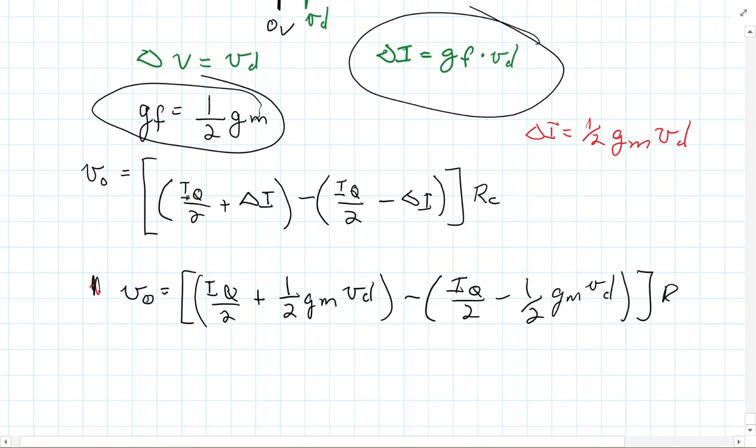And this is all times RC. And clearly we can see some things. That cancels, being careful of the double negative, those become pluses. And we get then that V out is equal to, and I think this is so cool, GM VD RC.